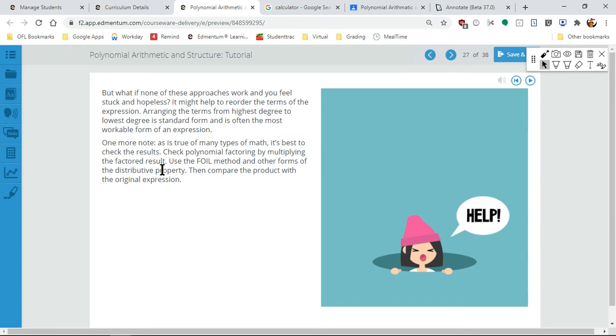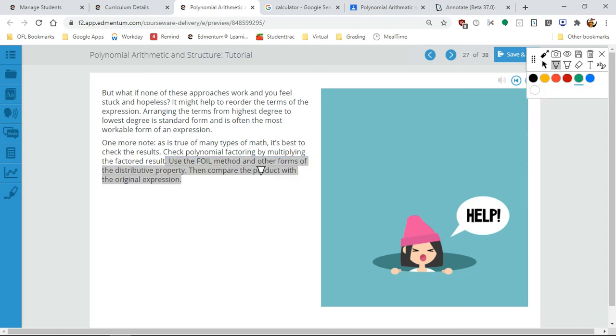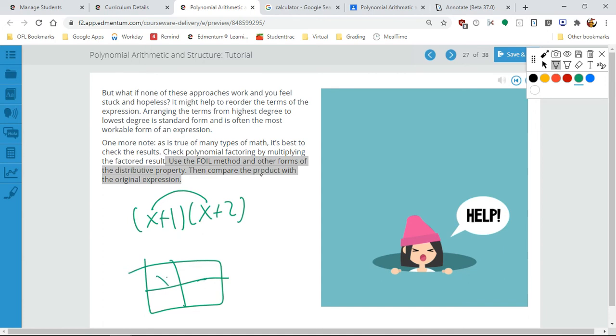Other types of math. FOIL method's good. FOIL method to me is basically the box method, though. Let me show you why. These two would show up right here. Then outer, these two. So if I'm doing this, I always put my first term here on the side, second term goes here.